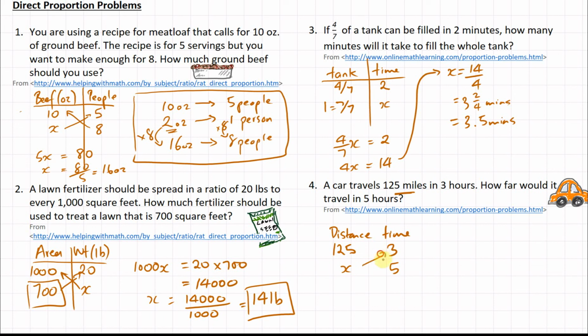So x times 3 gives me 3x. 125 times 5 gives me 625. So 3x equals 625. So x is equal to 625 divided by 3.